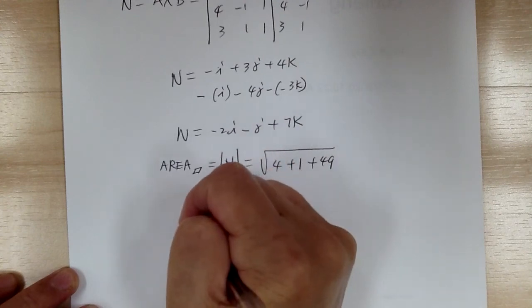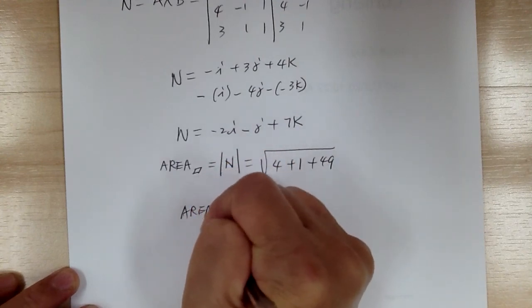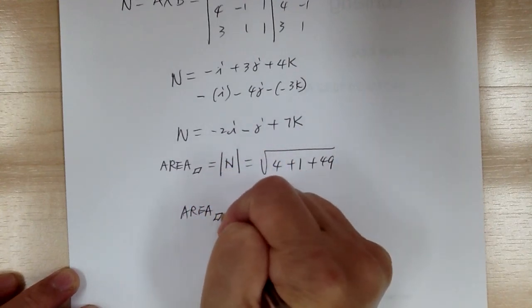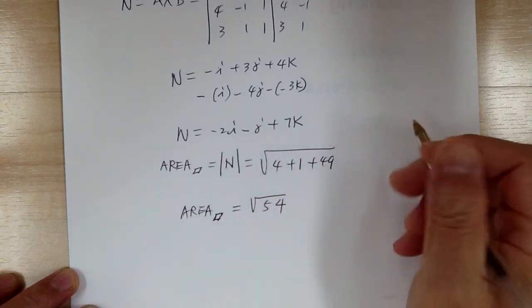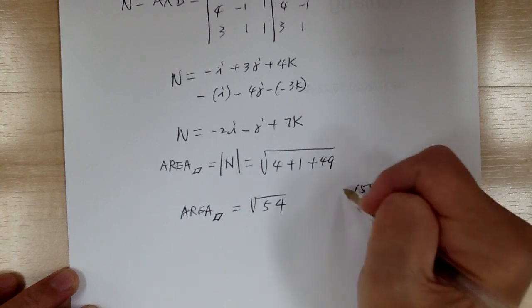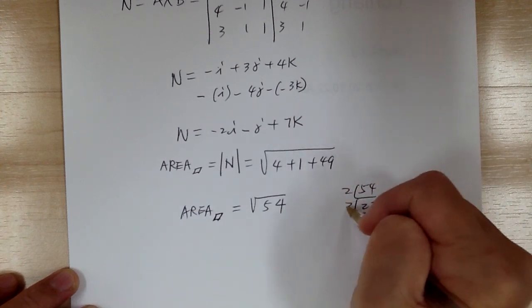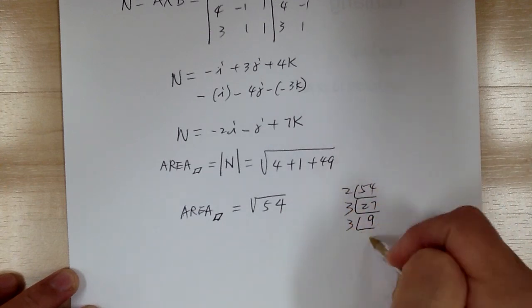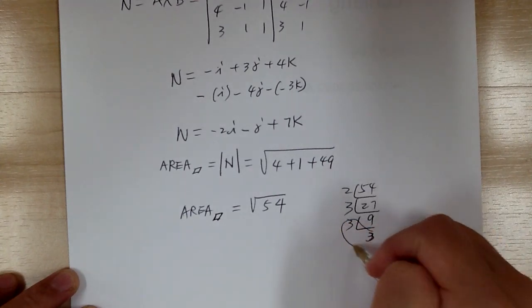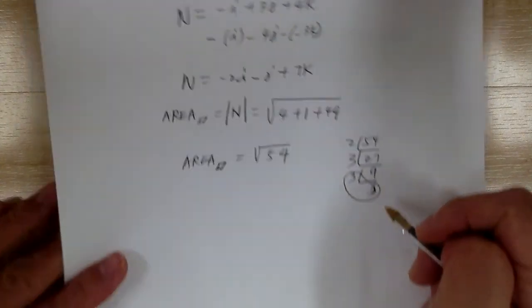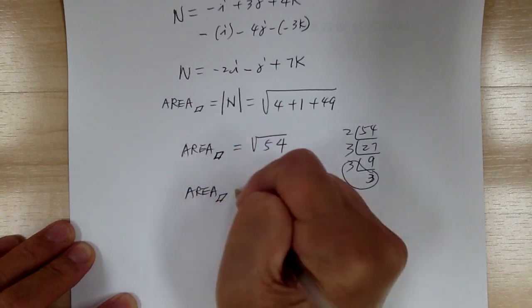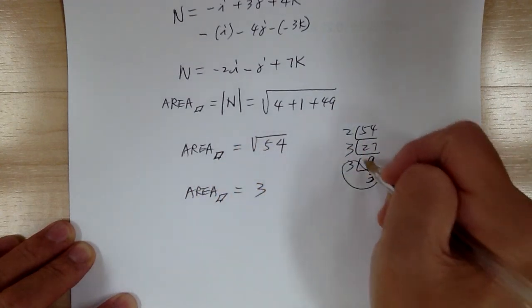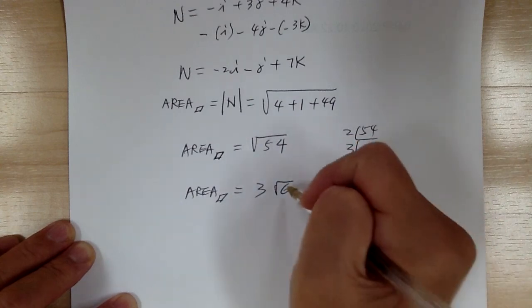And so you're going to get the area of the parallelogram equal to square root of 54. And if you simplify, okay, so the area of the parallelogram is going to equal 3 square root of 6.